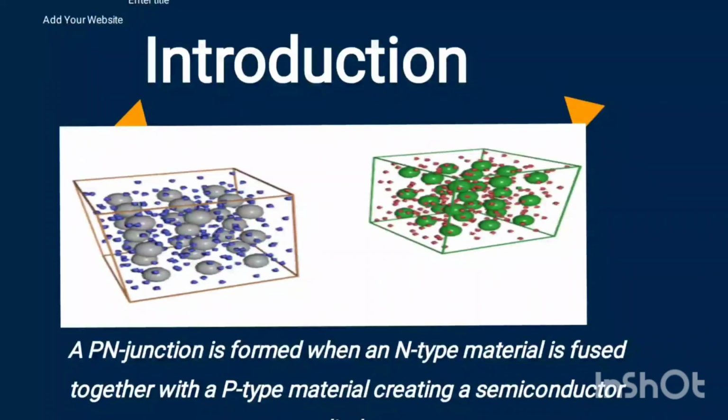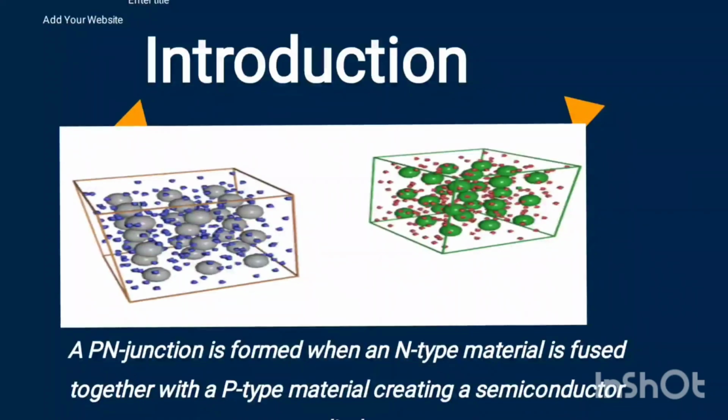Basically it has holes inside it, meaning it is always made up of a trivalent atom which can accept an electron from another atom. But an N type has a donor ion that can donate an electron to another atom, because in the outermost shell of these kinds of atoms they have an extra electron.